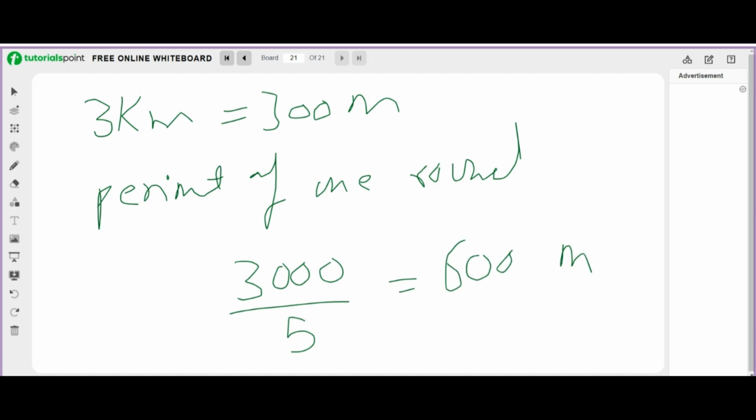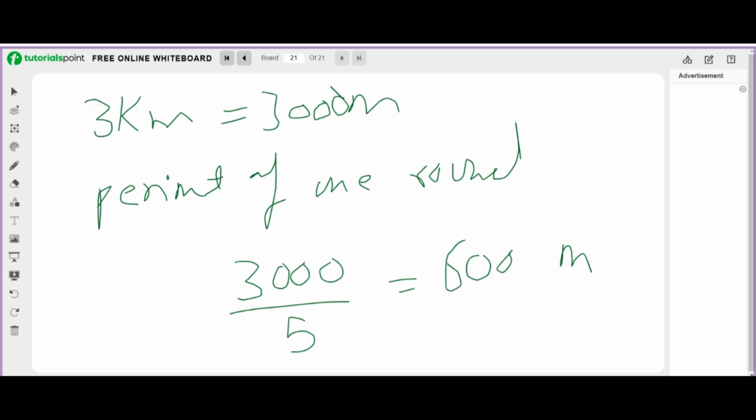No, no, 1 kilometer contains 1000 meter, Aryan. Okay. Yes, 1000 meter. And then we have the value, the perimeter of one round is 600 meter. Okay, we have the value.